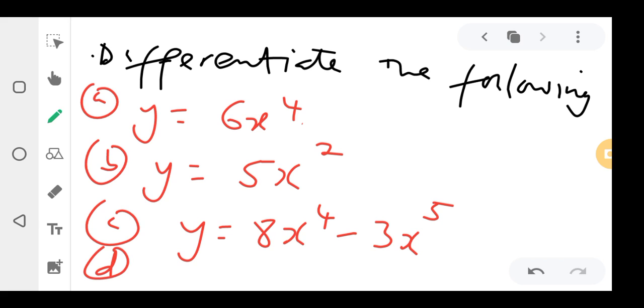Question D: y is equal to 4x power 2 minus 8x power 3 plus 5.